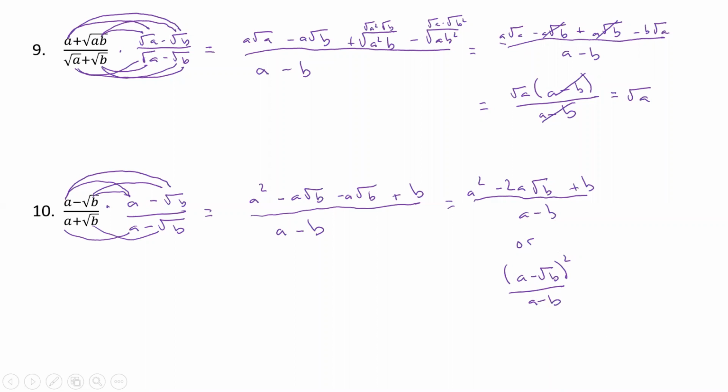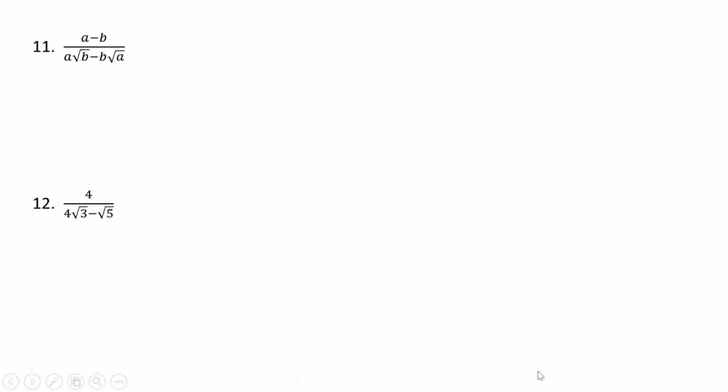All right, what about the next one? Here we got 11. Okay, so this is going to be similar to the last one. We're going to multiply by the conjugate. So we're going to multiply by a square root of b plus b square root of a over a square root of b plus b square root of a. And we're going to FOIL. So we're going to multiply here and here and then here and here.